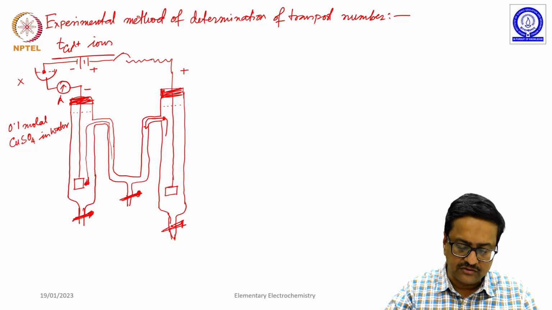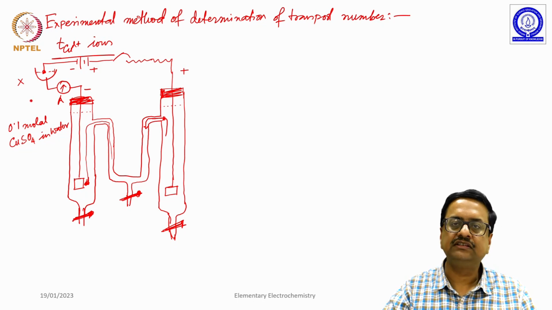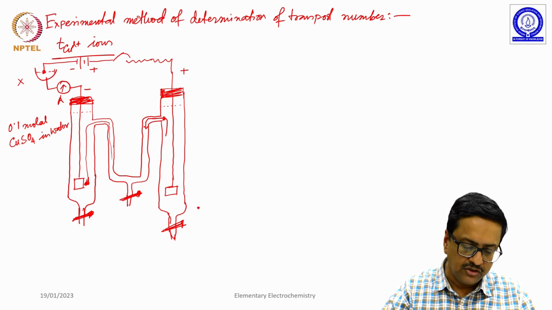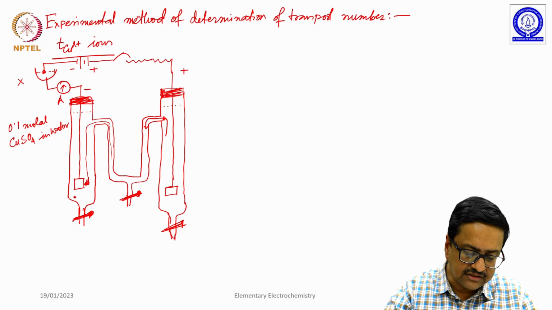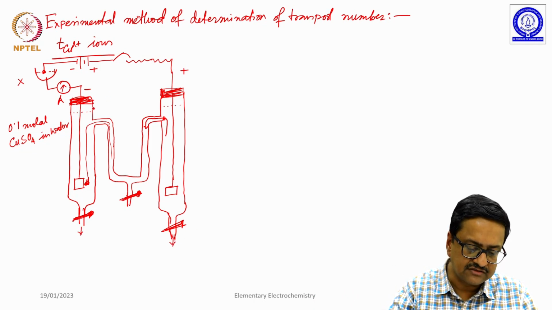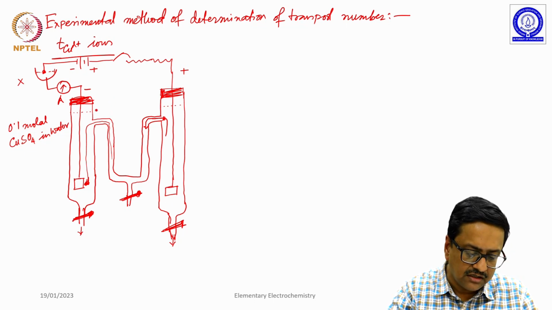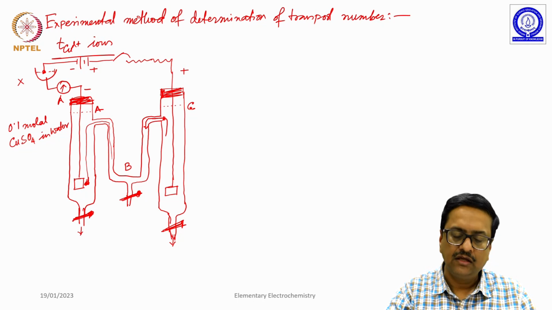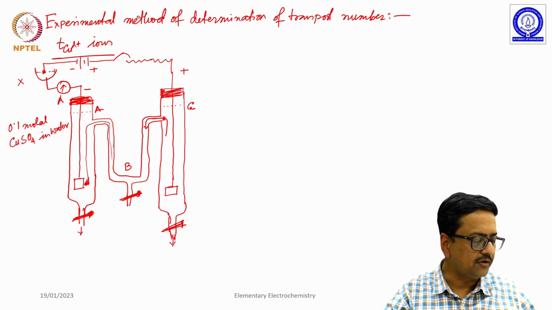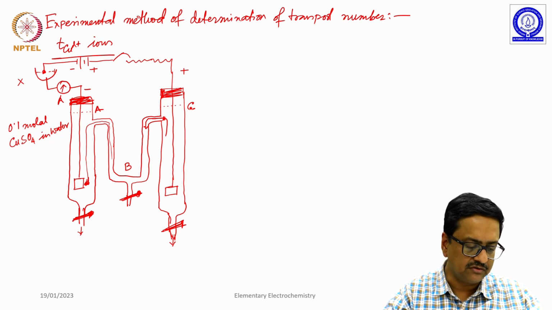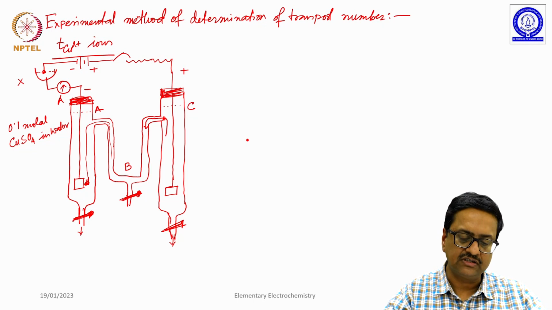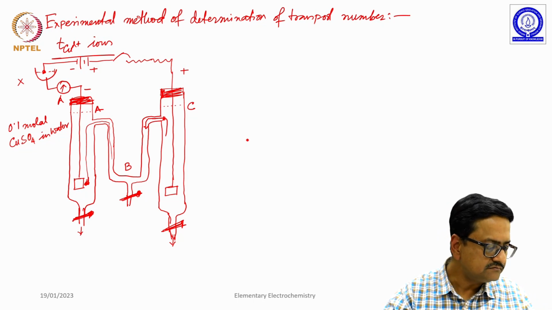After finishing the experiment, we should drain this solution from the bottom, from all the chambers A, B and C, and analyze the concentration of copper present in these 3 chambers, and from that concentration we should be able to determine the transport number of Cu2+.